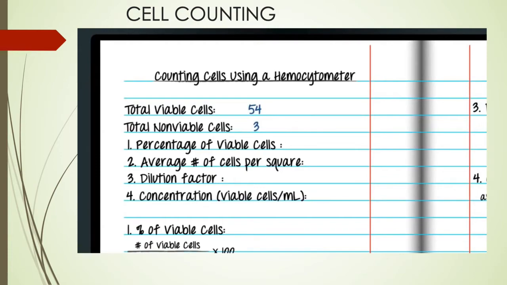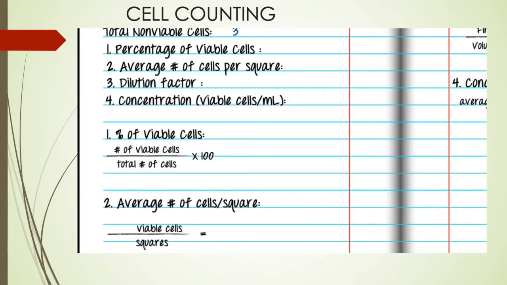Now that we have counted our cells, there are several calculations we need to perform. First, let's calculate the percentage of viable cells. Here's the formula. 54 viable cells divided by 57, the total number of cells, gives us 0.947.